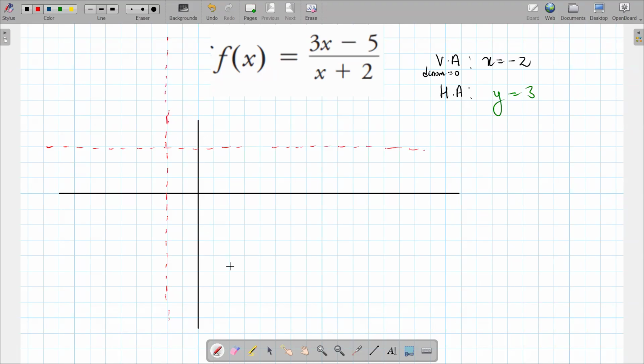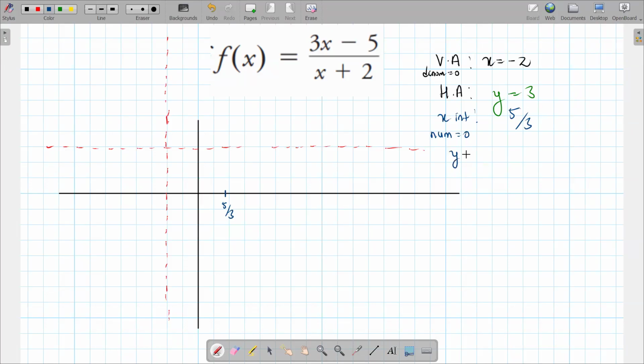Step number 2, we're going to find the intercepts. And again, both of them are easier than you think. For the x-intercept, you set the numerator to 0. Where's the x-intercept? At 5/3, which is 1.67, right? 1.666. So let's say it's right here. That's your x-intercept of 5/3.